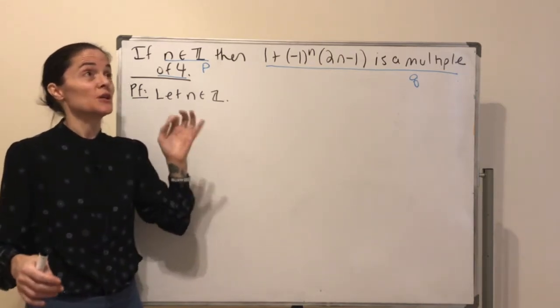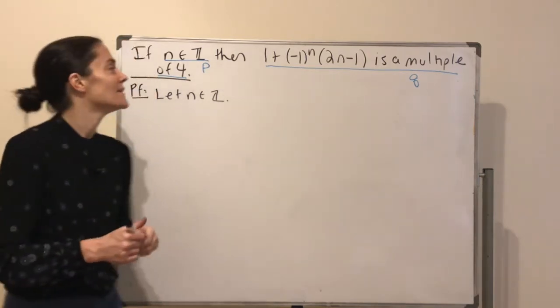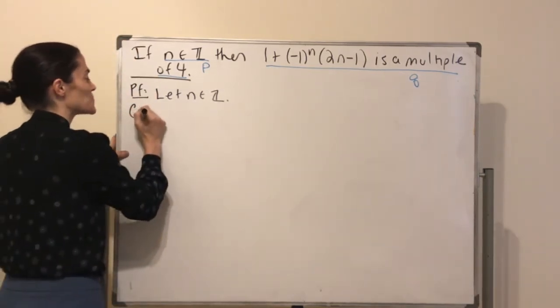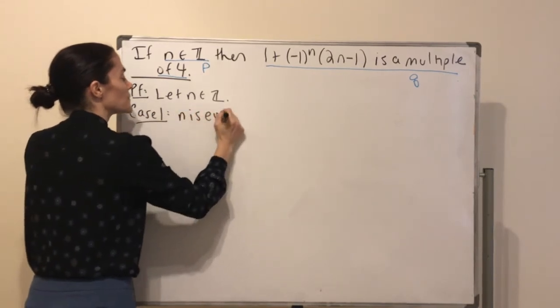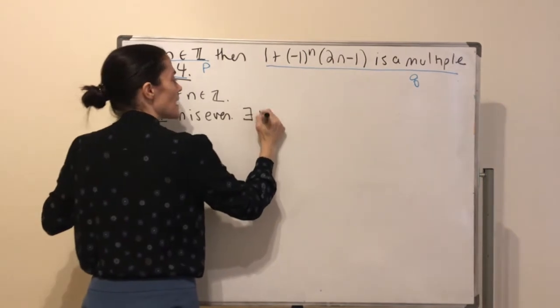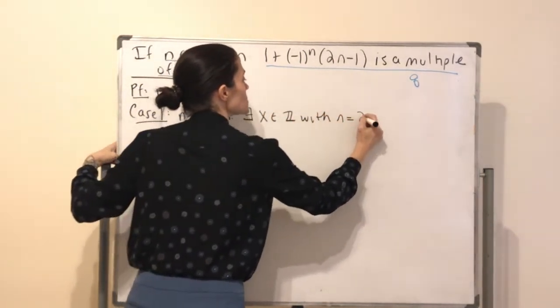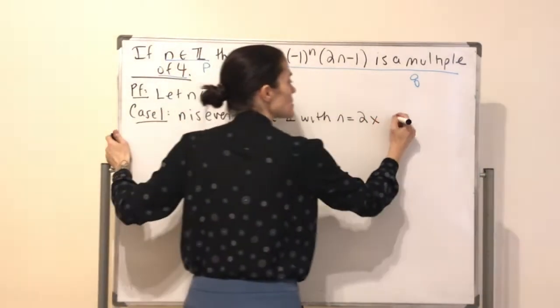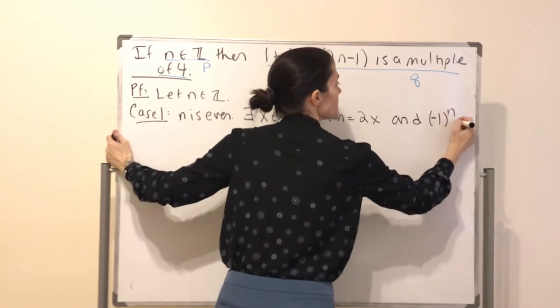And something you can use is that every integer is either even or odd. Okay, so let's do this. Case 1, n is even. Well, in this case, there exists, say, x in Z with n equals 2x, and minus 1 to the n is 1.